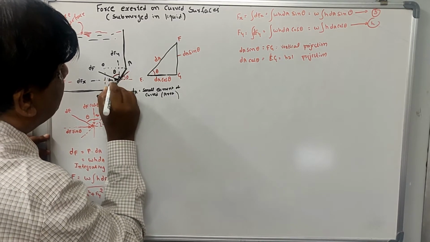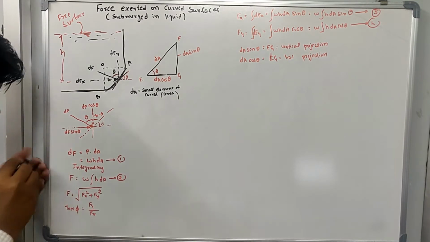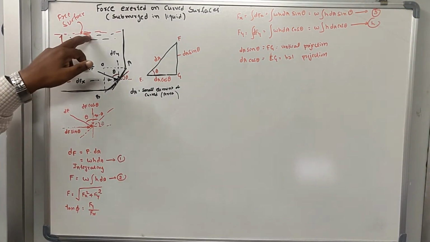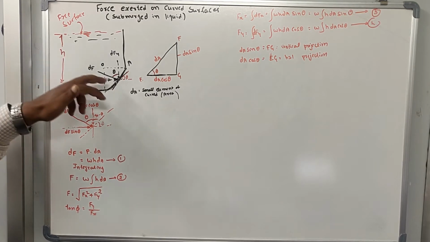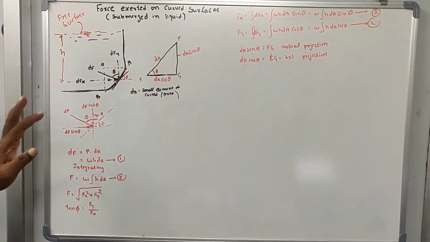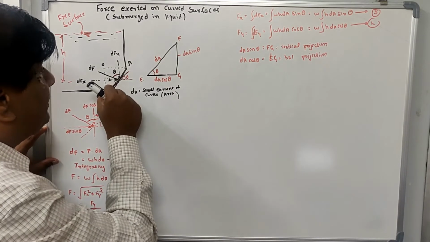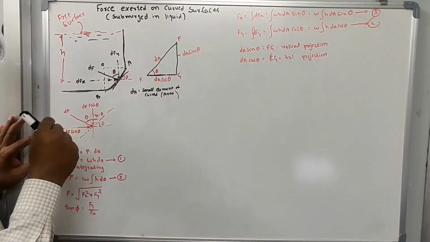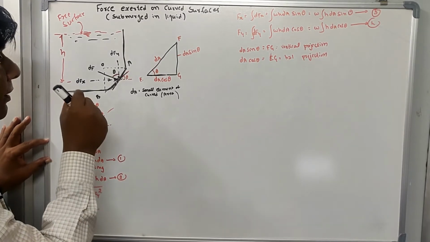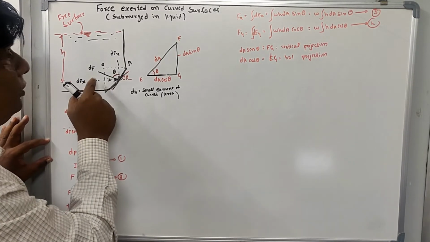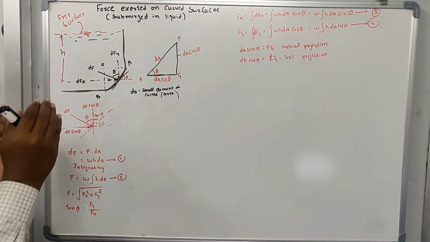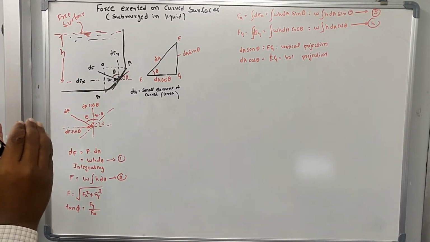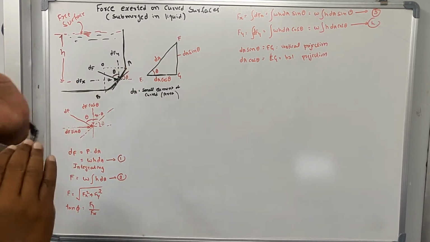So in the curved surface, at every point the force exerted by the static mass of fluid in the normal direction is going to change, meaning the direction of force changes from point to point. So let us consider how to calculate the force exerted on this curved surface.